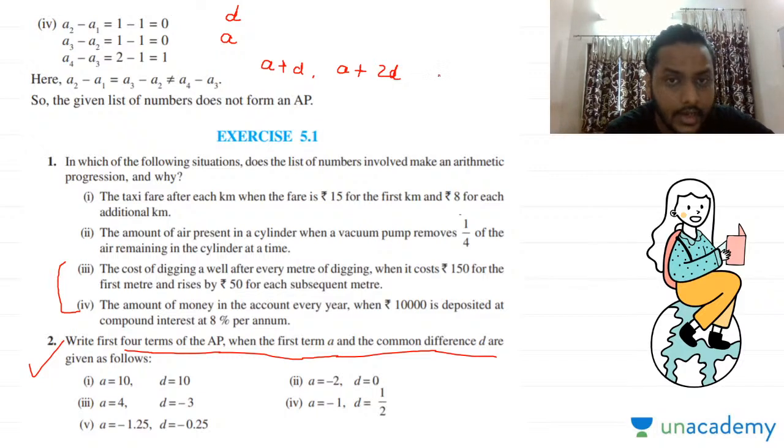Can't I say that my fourth term will be A plus 3D? Yes or no, everyone? You getting it? Similarly, can't I say that my fifth term, my sixth term will be what? A plus 5D? कह सकते हैं, नहीं कह सकते?